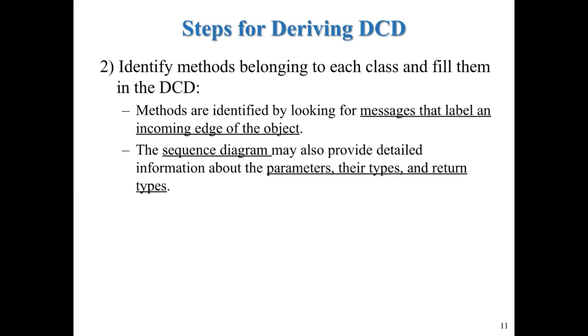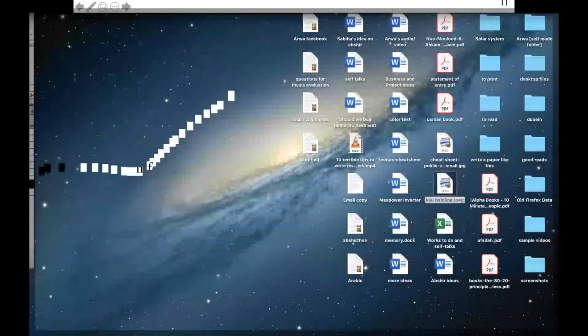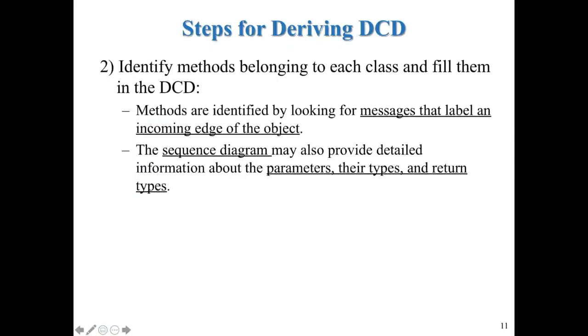Okay, after that, in step number 2, identify the methods belonging to each class and fill them in the DCD. The methods are basically identified by looking at the messages that we are passing to each other. These messages are usually written on the edges that are connecting, and your sequence diagram can provide extra information for your parameters, the type of the parameters and the return types.